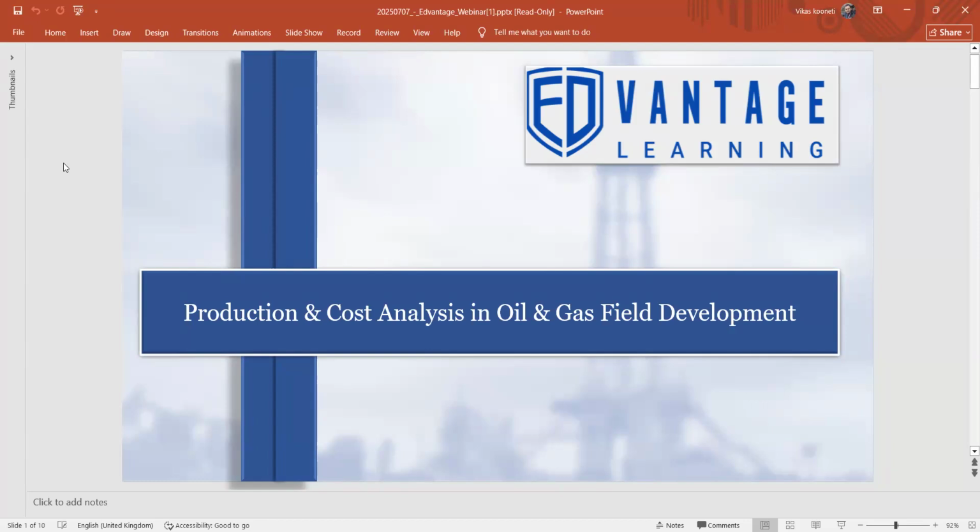It's quite a challenging area and the uncertainty is very high. That's the main reason having knowledge and a good understanding of the main areas is important. How do you improve your cost? How do you improve your recovery? Those are mostly the main areas of interest.